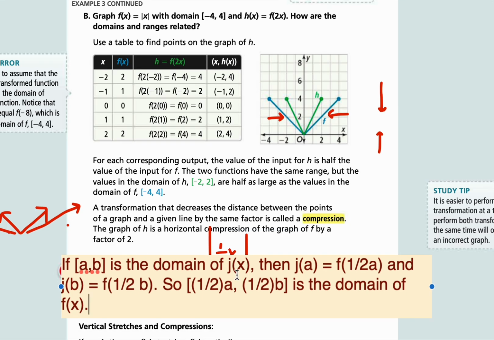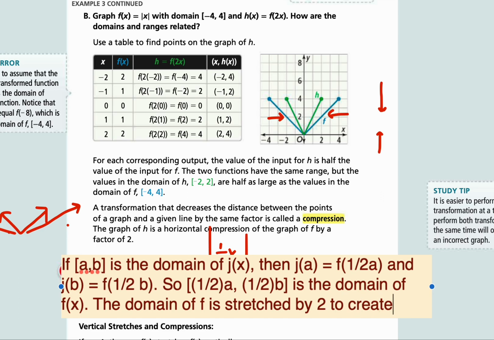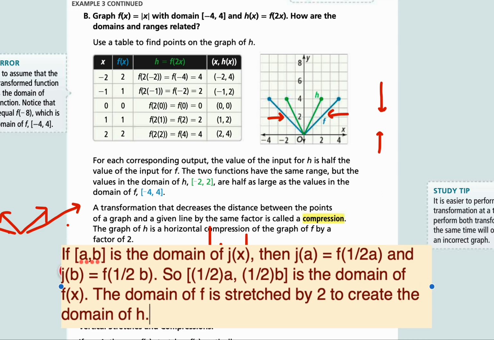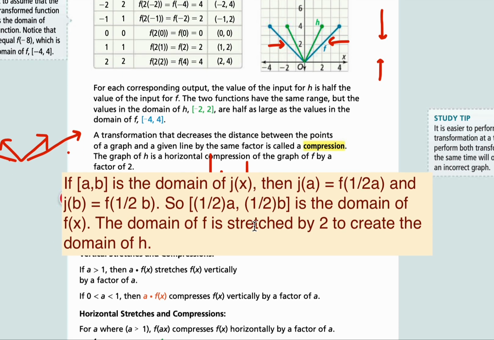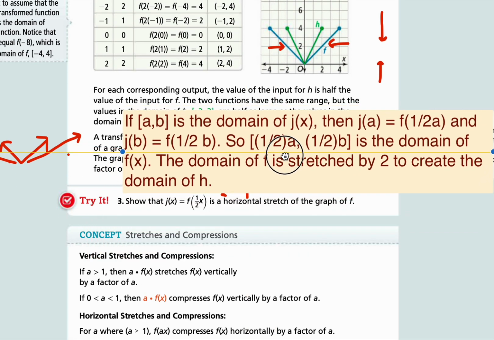So that means your a could be greater when you're dividing it by 2. You're dividing the x by 2, right? So because of this, the domain of f is stretched by 2 to create the domain of h. Okay, I hope that made sense.